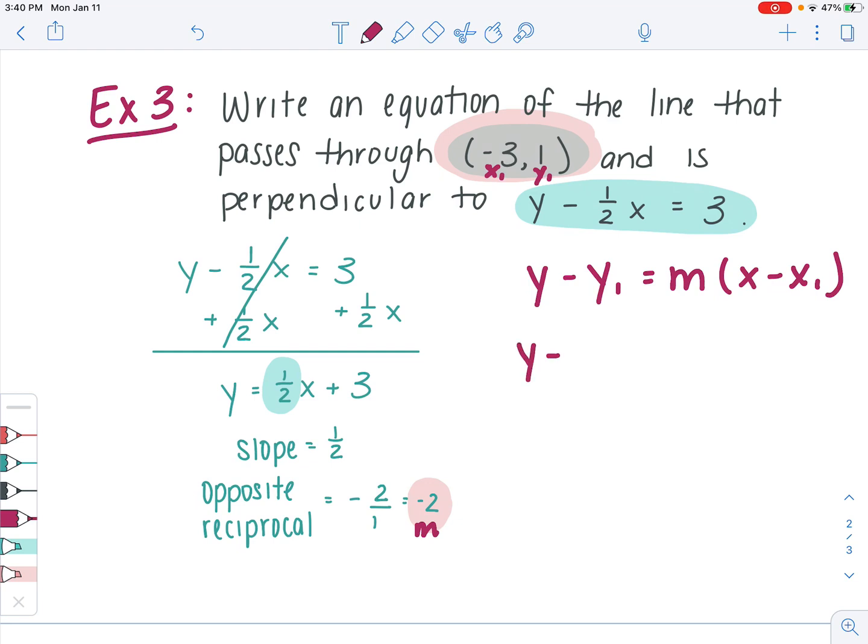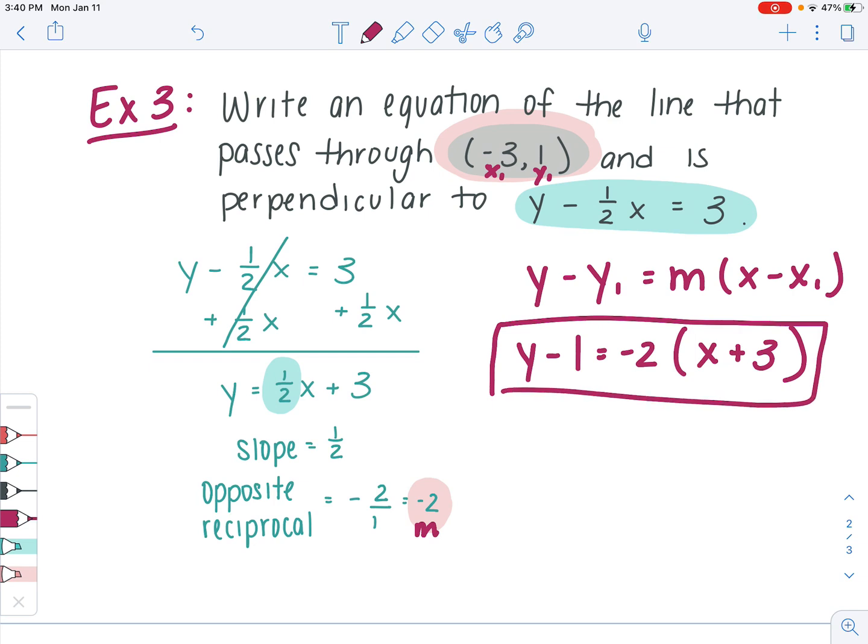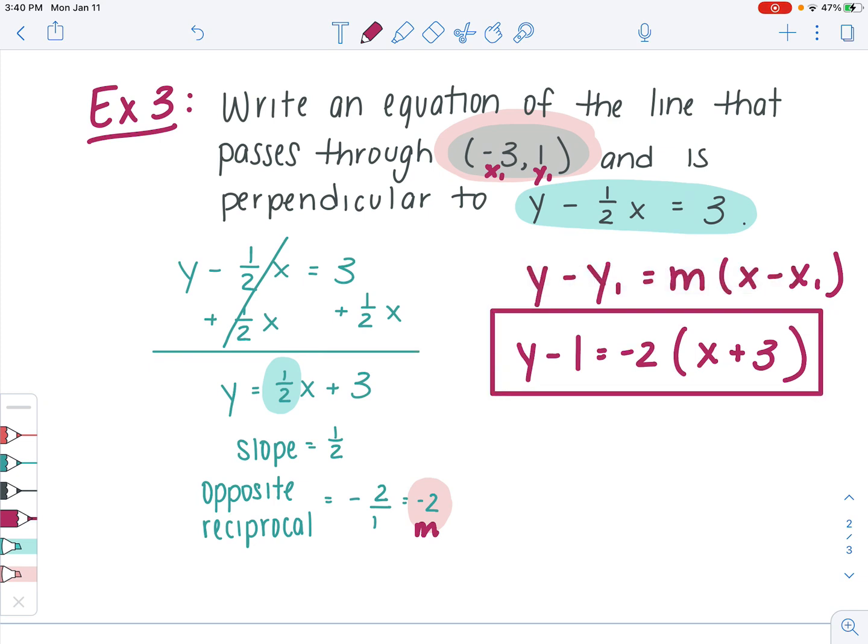I have y minus y1, which is 1, equals m, which is negative 2, times x minus negative 3. And remember, minus a negative, two negatives make a positive, so that's why I wrote it as plus 3. And that is my final answer. So you're going to use this to help you finish your classwork for today.